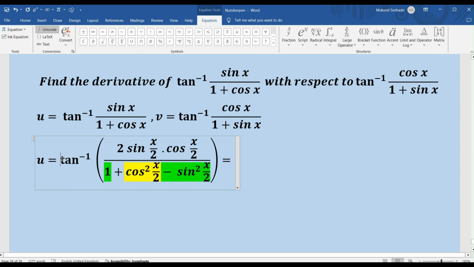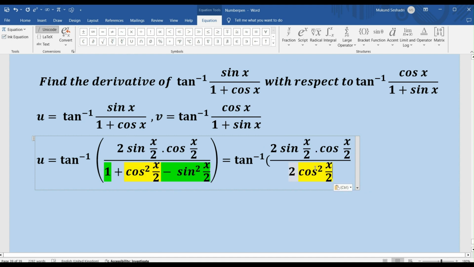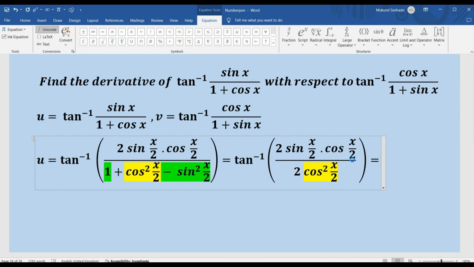And therefore, I'm left with a tan inverse of 2 sine x by 2 into cos of x by 2, right? Whole divided by 2 times cos square x by 2. I know that my 2 and 2 will get cancelled out, and then I have an opportunity to cancel out one of the cos x by 2 as well, and I'm left with a tan inverse of tan of x by 2, which is nothing but an x by 2, right?